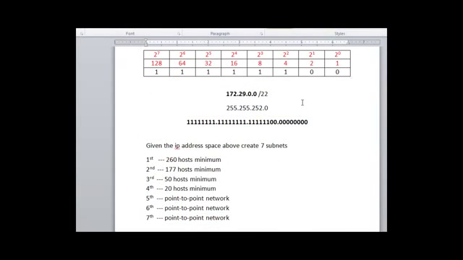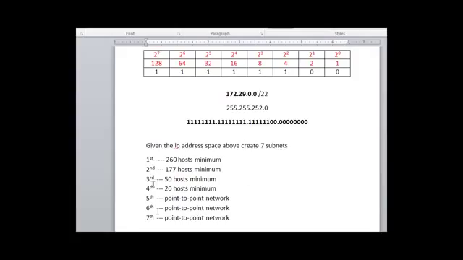Well, first of all, we'll look here. Here's our address space, 172.29.0.0/22. And I've written out the /22 in decimal form for the subnet mask, and I've written it out in binary. Given this IP address space, and I'm going to really stress that, the IP address space, given this space, creates 7 subnets.